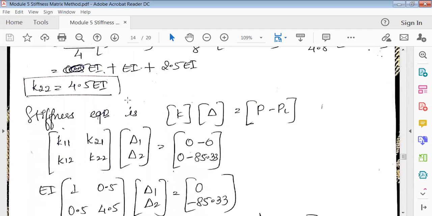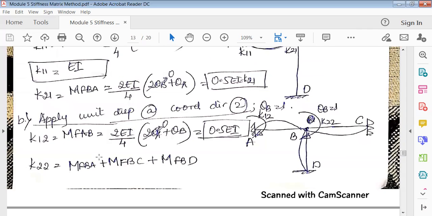Okay, now we have the stiffness matrix. So the stiffness matrix is given by k into delta is equal to p minus pl. So again, k11, k21. Okay, now see, there's a little confusion.